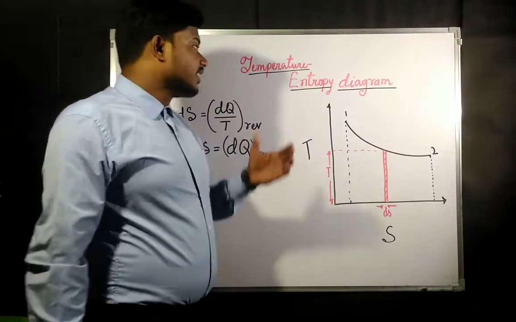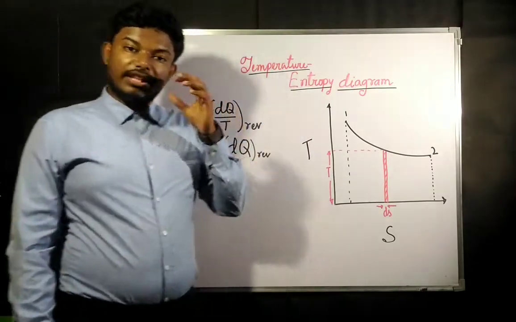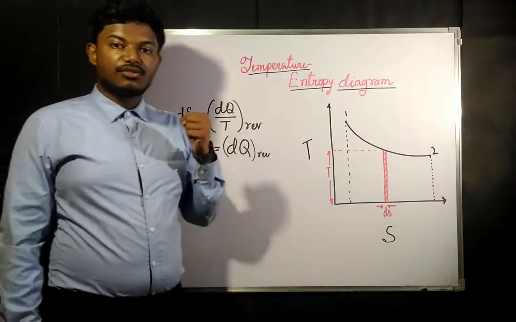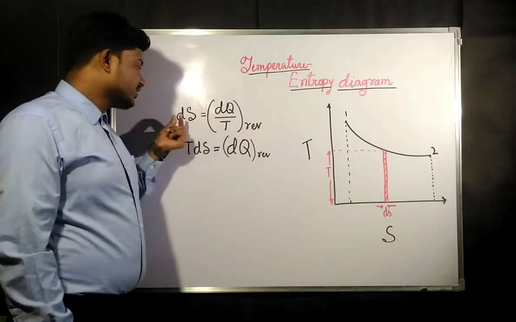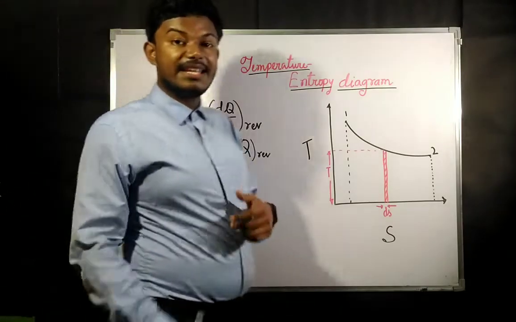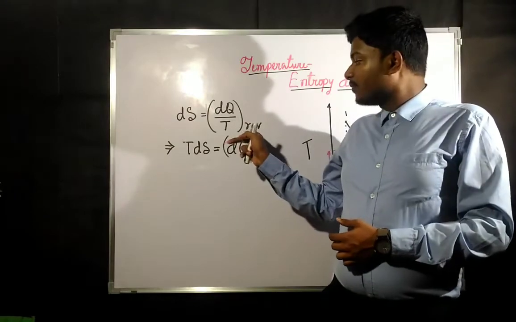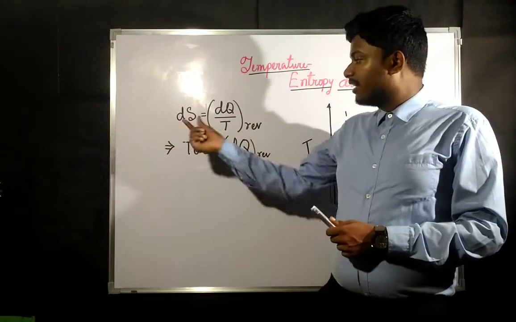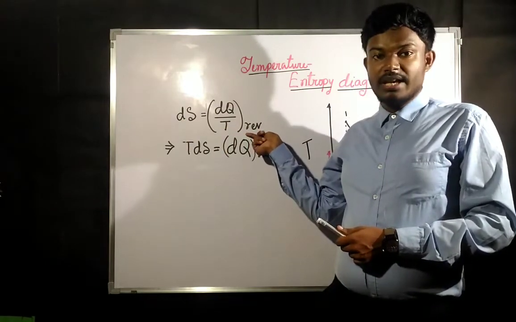So the next thing we are going to read is the temperature entropy diagram. Till now, whatever we have discussed, we are very confidently aware that the change in entropy is equal to the dq by T term of a reversible process or cycle. ds is dq by T for a reversible process.